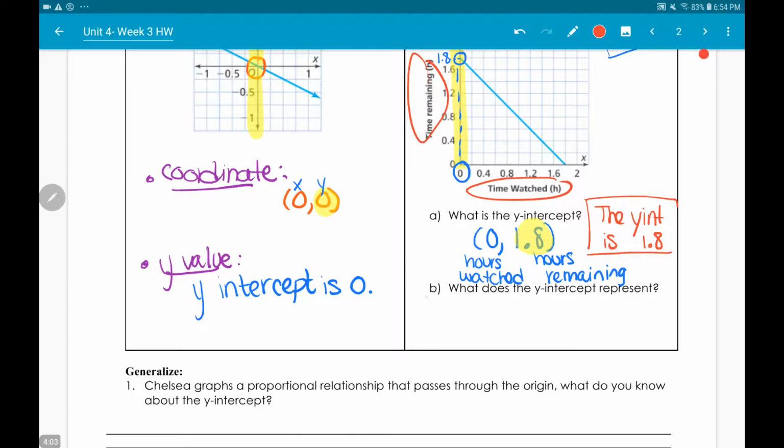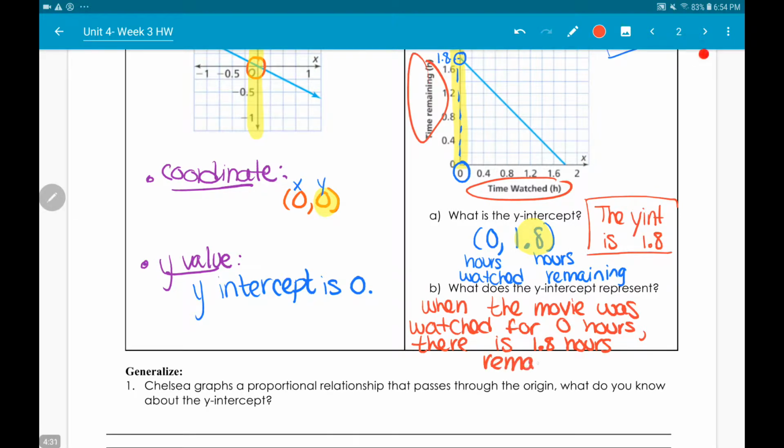So when the movie was watched for 0 hours, that's the x-axis, there is 1.8 hours remaining, and that is the y-axis. So I'm just saying what it represents based off the coordinate and the axes units.